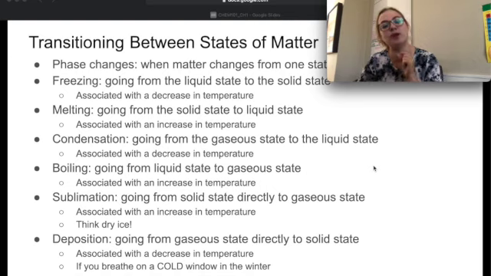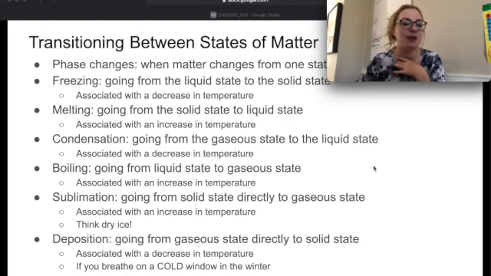The two that may not feel quite so familiar, that get me every time, are sublimation and deposition. Sublimation is kind of cool because under certain sets of circumstances, you can go from a solid directly to a gas. No liquid needed. No stop in the middle. Do not pass go. Do not collect $200.